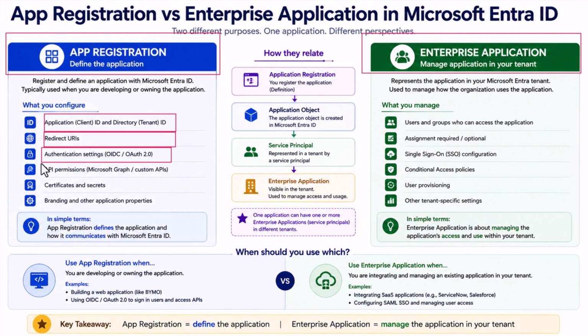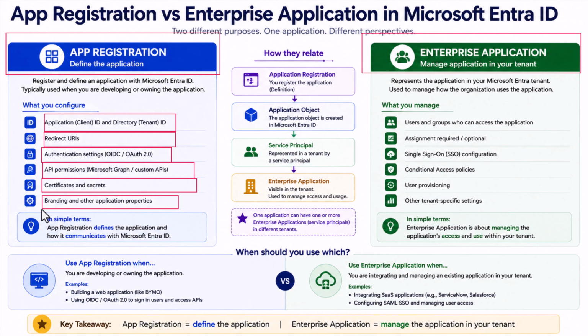So an important point to remember in app registration: if you are using an application which requires OAuth 2.0 or works on OIDC, it is recommended that you start with app registration. You can give the API permissions, you can generate certificates and secrets, branding and other application properties.